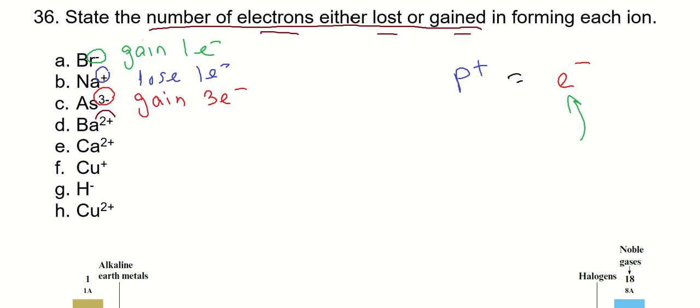All right, barium, it's going to want to lose 2 electrons to become 2 positive. You lose negative particles, you end up with a net positive balance. So 2 electrons lost. Where do you think barium is on the periodic table? It's 2 columns away from a noble gas.